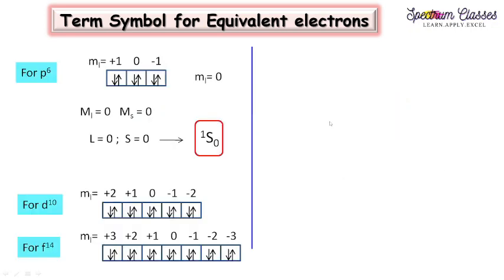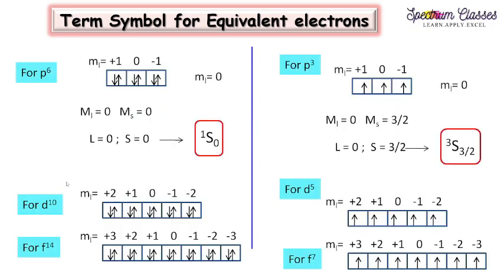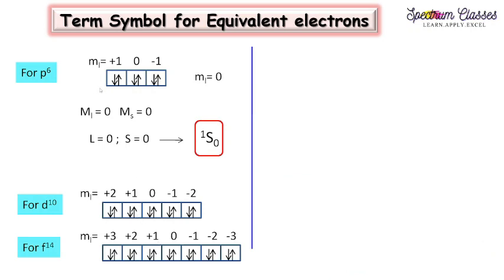Now I will explain again with the P6, D10 and F14. So here you can check. I'll just explain the P6 example again. So ML is equal to plus 1, 0 and minus 1. These two are antiparallel, right?